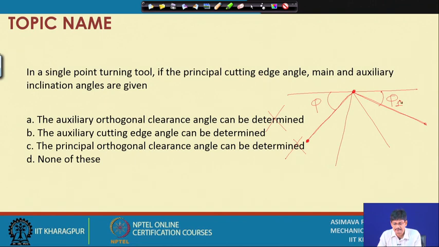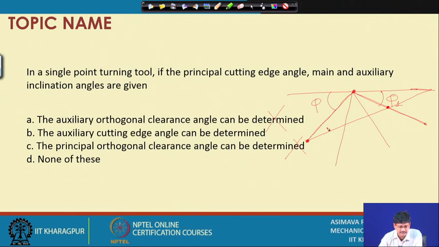In that case, we can orient and draw this particular line, and we can pinpoint a particular point in space, and we can say that since I know the auxiliary inclination angle and the orientation of this phi 1, this belongs to the rake surface, and therefore, I can draw this line and say that this is the master line, and therefore, I know the rake surface completely.